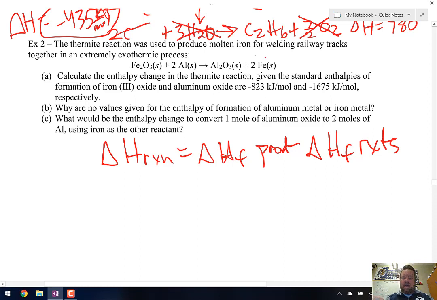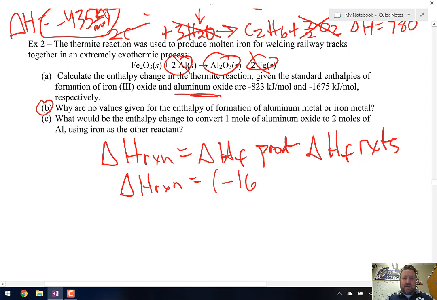And in this case, elemental form, so those both have enthalpies of formation of 0, and that's our answer to B. Why are no values given for the enthalpy of formation of aluminum or iron? Simply because they're in their elemental form and they do not have enthalpies of formation. So the enthalpy change for the reaction is enthalpy of formation of the products. Al2O3 is aluminum oxide, so that is negative 1675, minus the enthalpy of formation of the reactants.